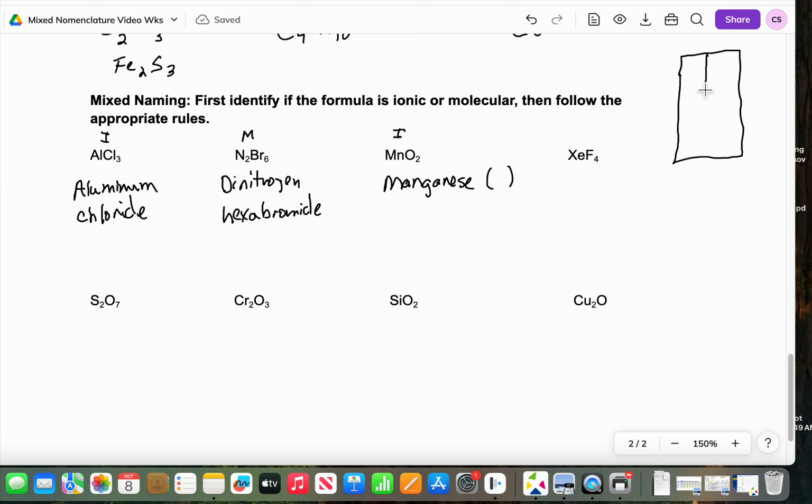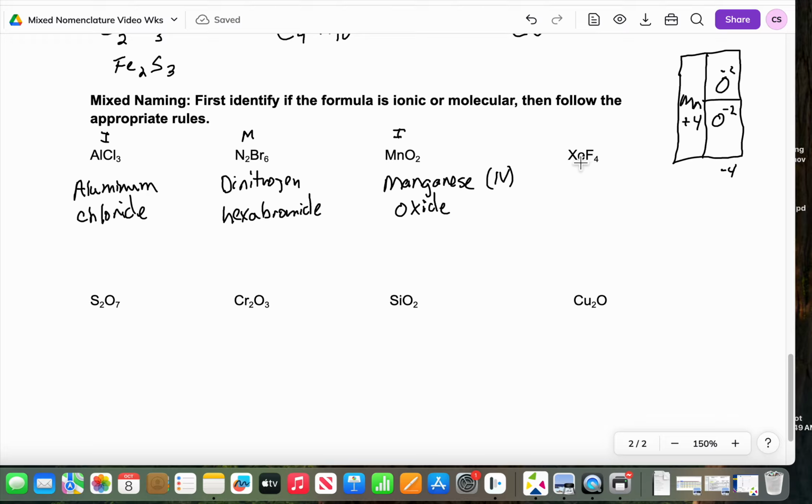Basically I have 1 Mn and 2 O's. Each O is minus 2, so that's a total of minus 4. There's only one Mn, so it must be plus 4. So it's manganese, Roman numeral 4, oxide.